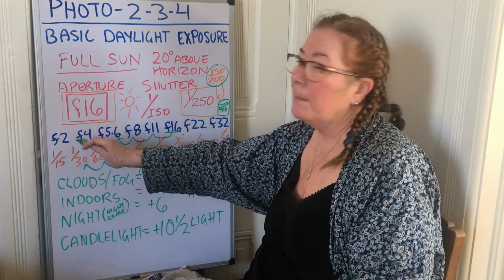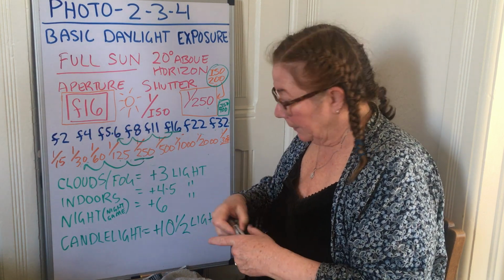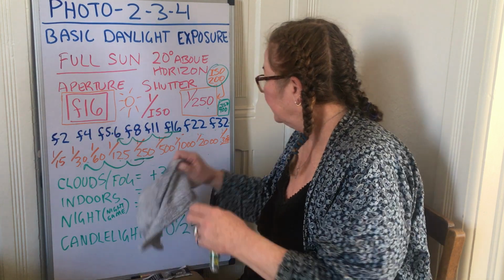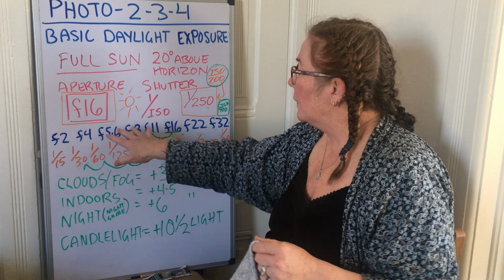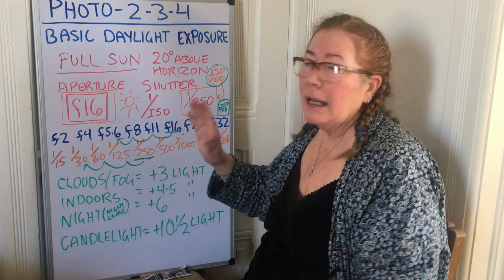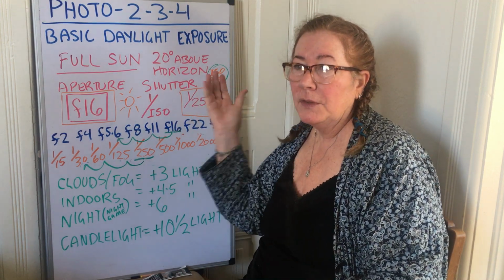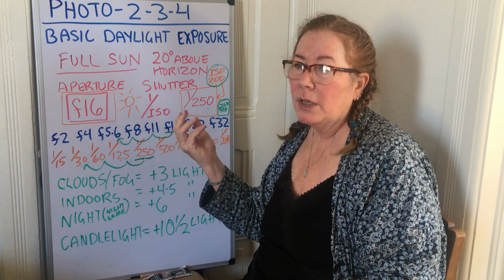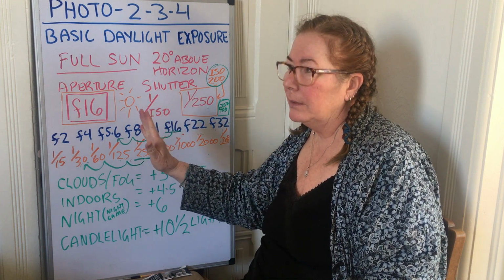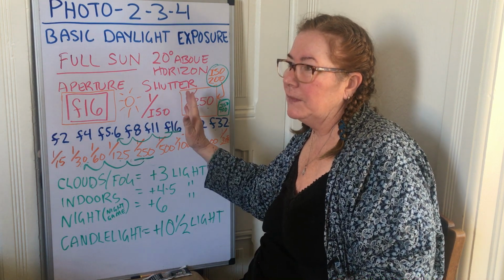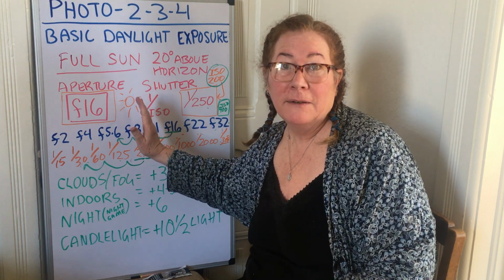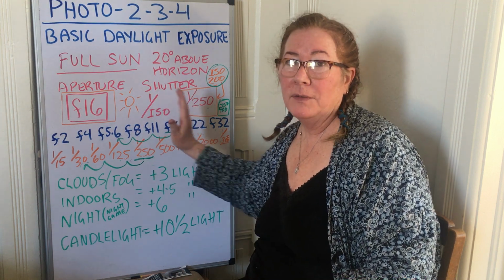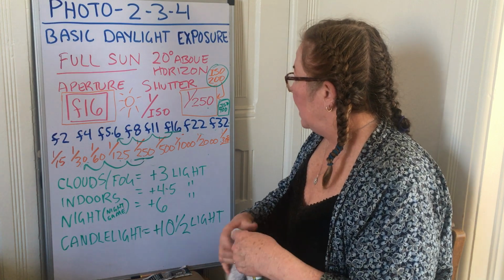Remember, the smaller number is the larger aperture. Okay, and each of these whole numbers, you guys, either exactly doubles the light, if you're letting in more light, or halves the light, right? Either it makes it 2 times or half the light coming in.